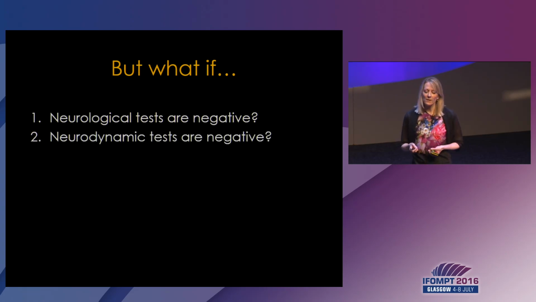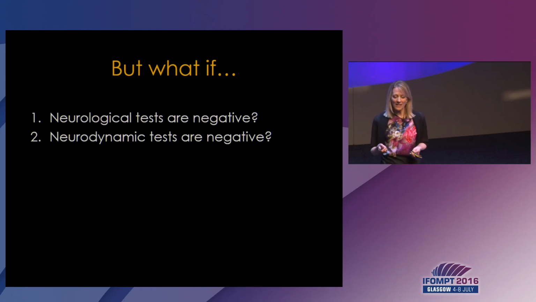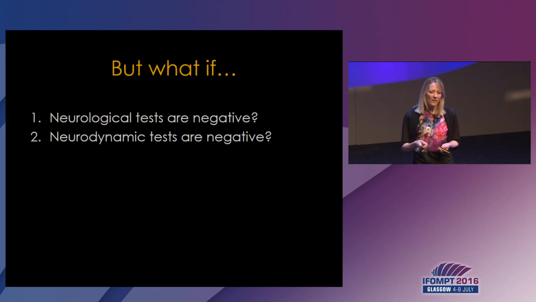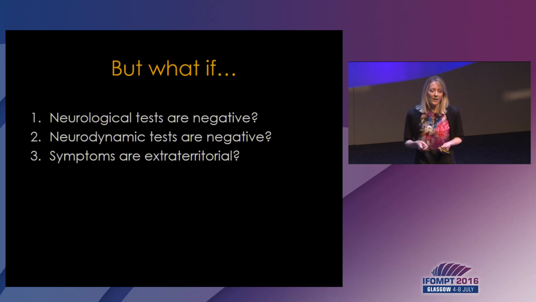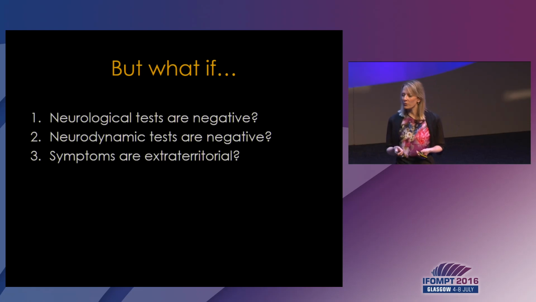The second but, what if a neurodynamic test is negative in a patient where I believe he has an entrapment neuropathy? Does that then exclude such a problem? Most importantly, what happens if patients have symptoms that do not follow the anatomical, dermatomal, or territorial pattern? But what if they have widespread symptoms? Does that then mean they don't have an entrapment neuropathy?